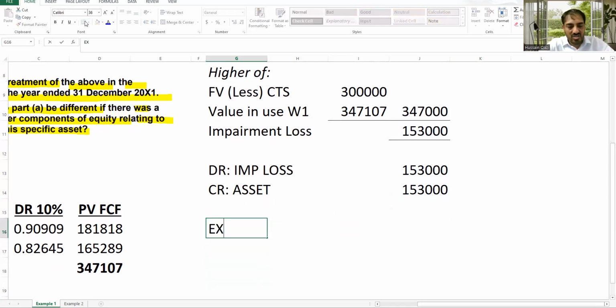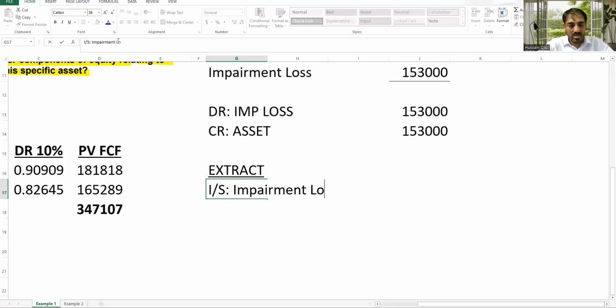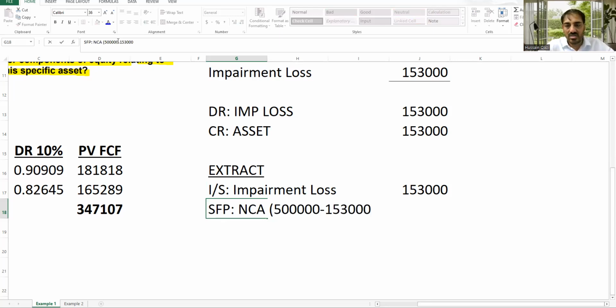And with respect to the extract, we will mention, sir, in the income statement, the impairment loss is equal to this value. And in the statement of financial position, the non-current asset value equals 500,000 minus 153,000.